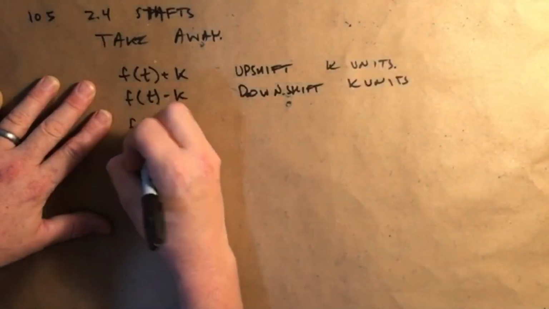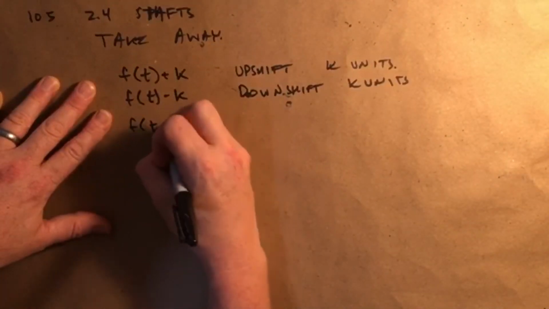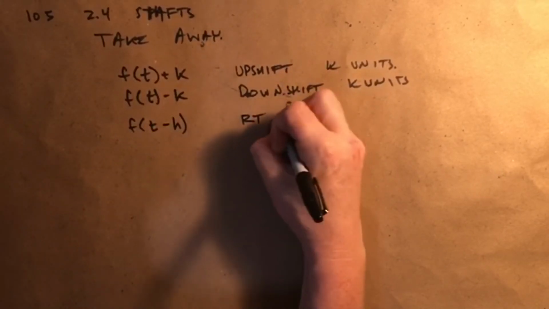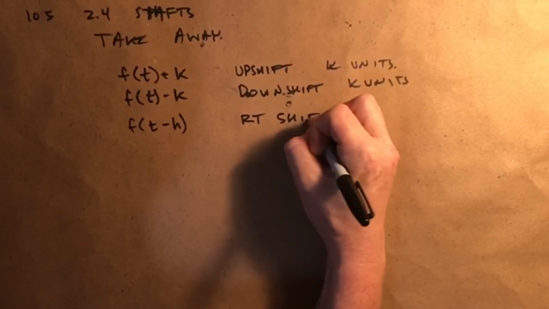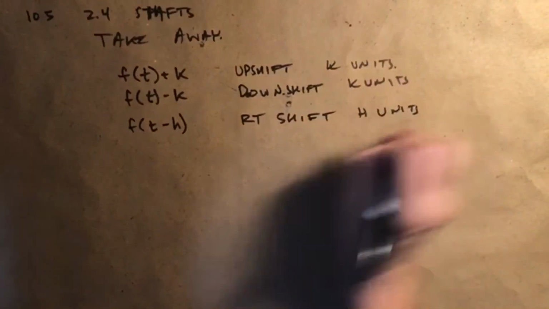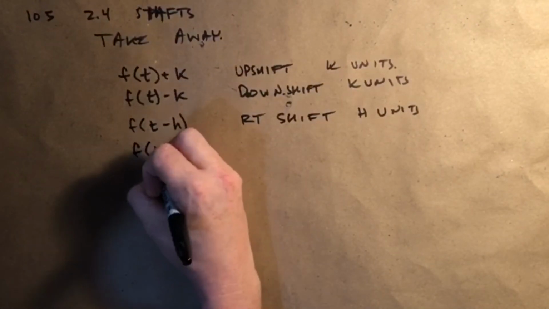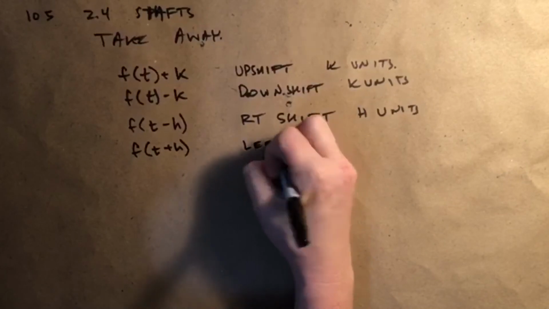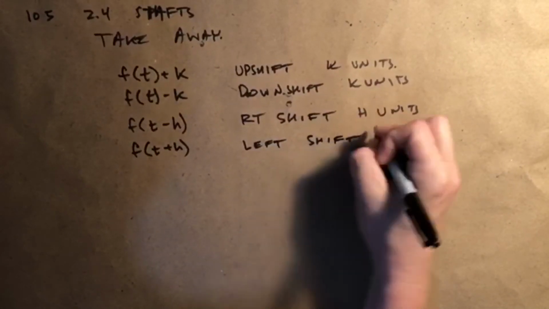If I have F of T minus H, we have a right shift, H units. And if I have F of T plus H, we have a left shift, H units.